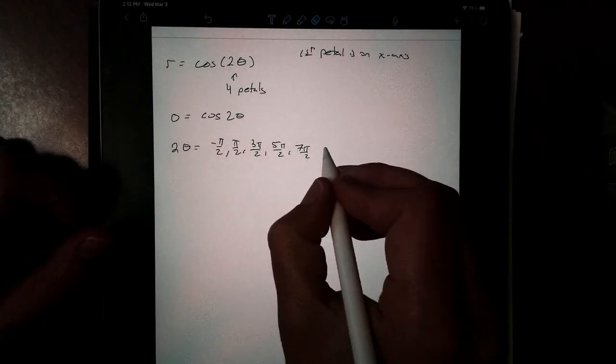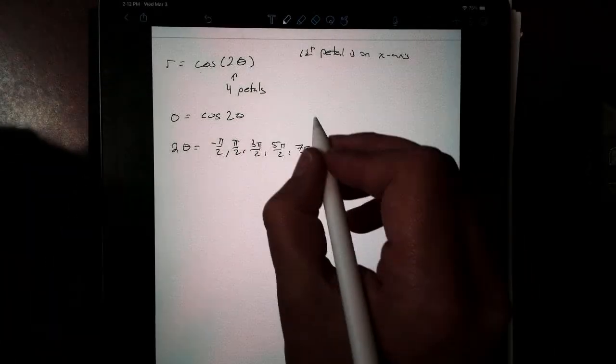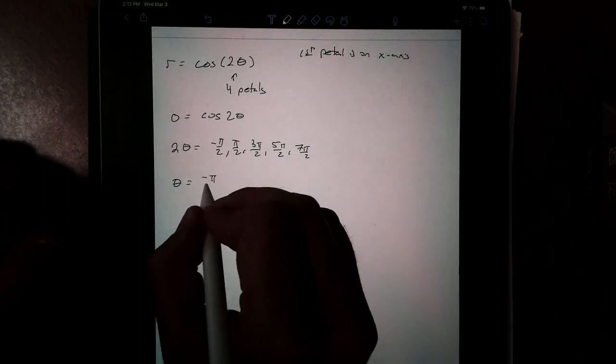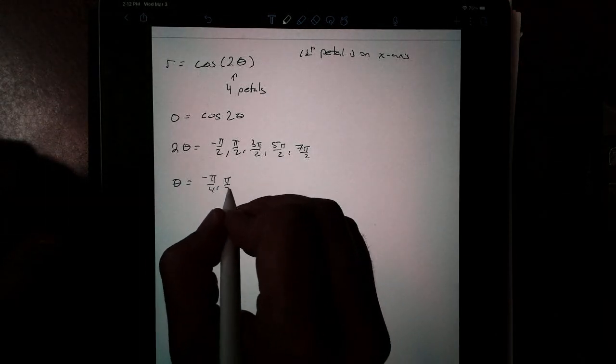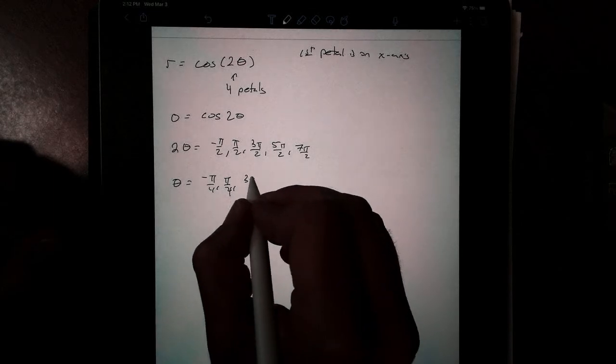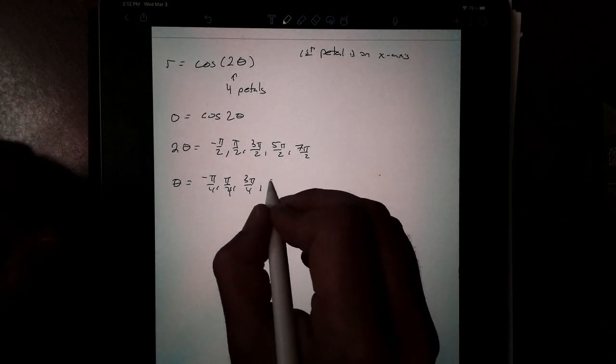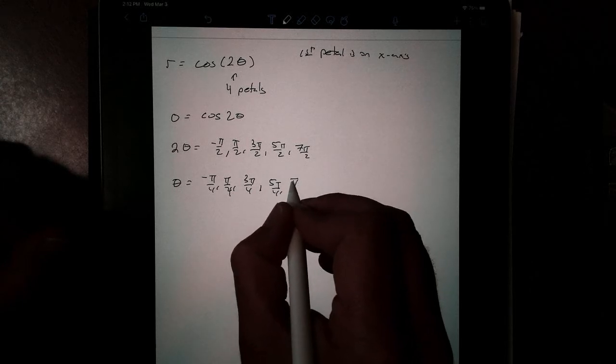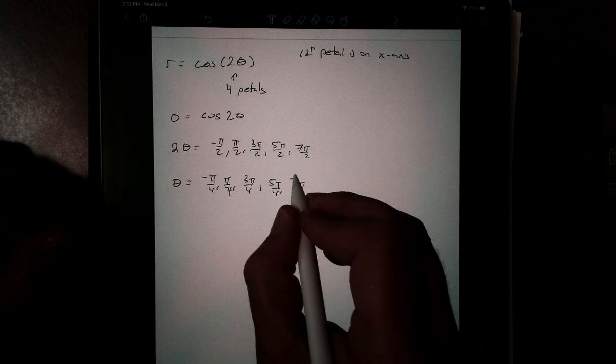Let's go a little bit further. If I now divide by 2, I get negative pi over 4, pi over 4, 3 pi over 4, 5 pi over 4, and 7 pi over 4.